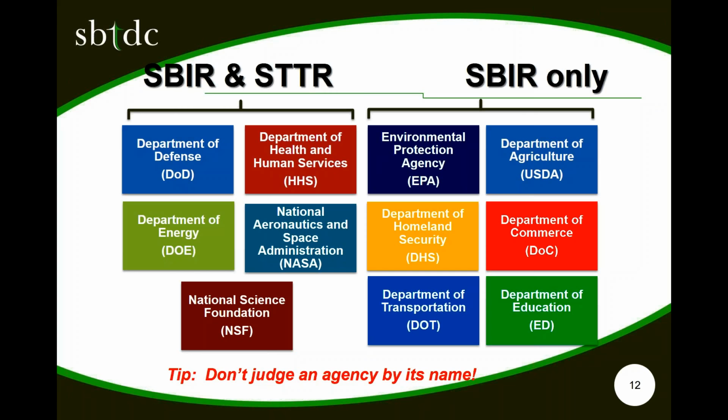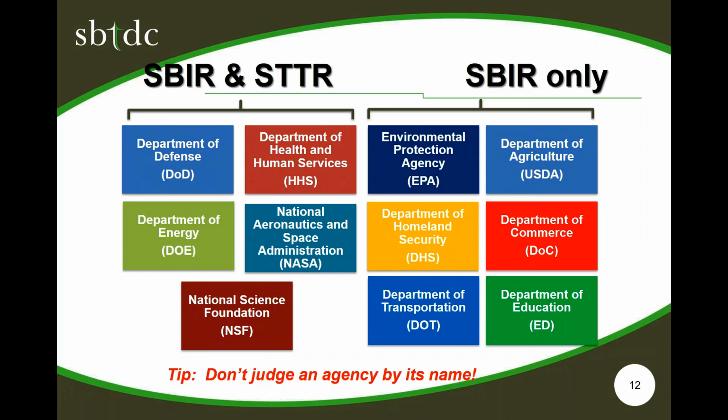Simply not development of weaponry, etc., but think of all of the needs that the Department of Defense has across all of the things that they do, from energy production to vehicles to aircraft to healthcare. Lots of interests. And the same goes with all of the other agencies. So keep an open mind as you're thinking about which of these 1 or 2 or 3 might be a really good fit with what you're trying to accomplish.